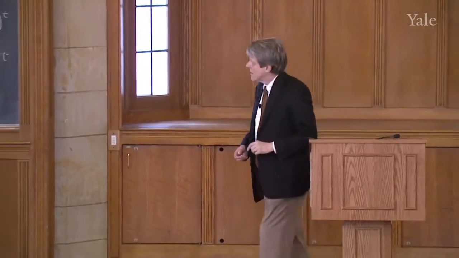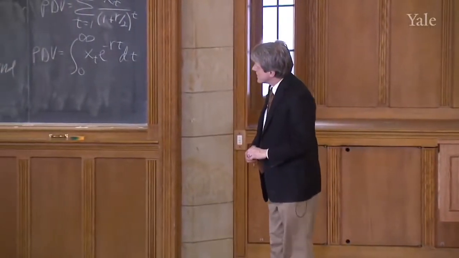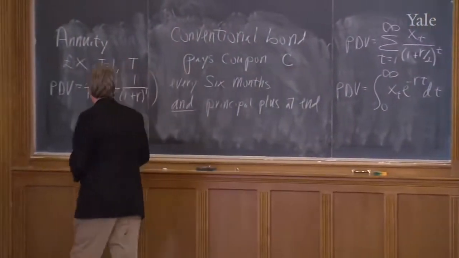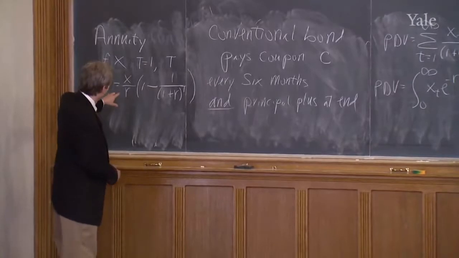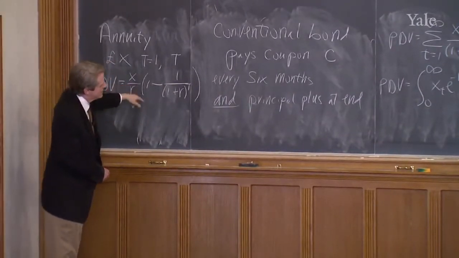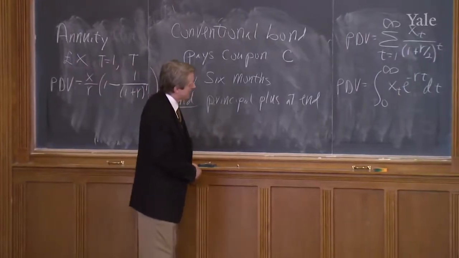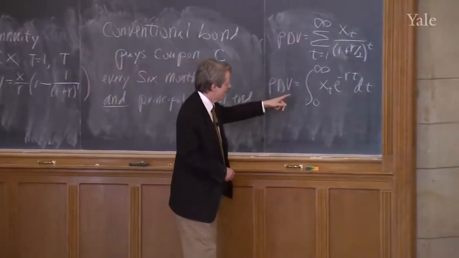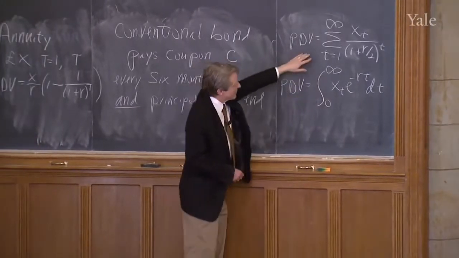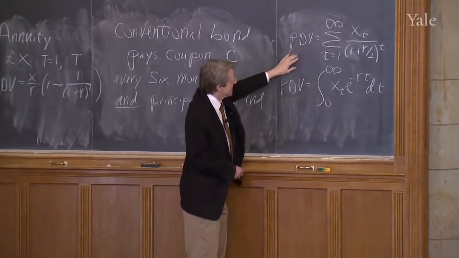And so the present discounted value for the conventional bond would be the sum of the present discounted value using the annuity formula for x equals C plus the present discounted value of the principal, which is given by this one where we have r over 2 because it's every 6 months.